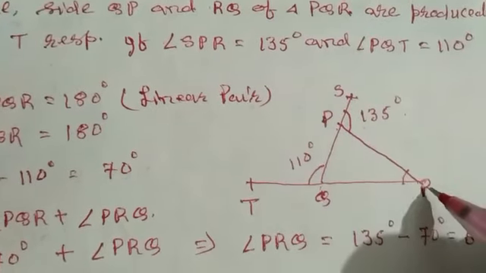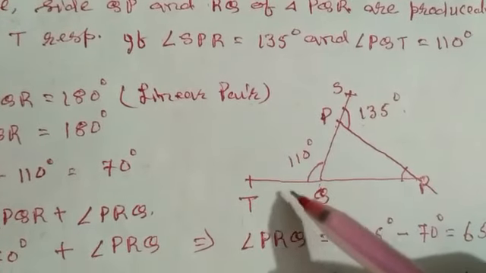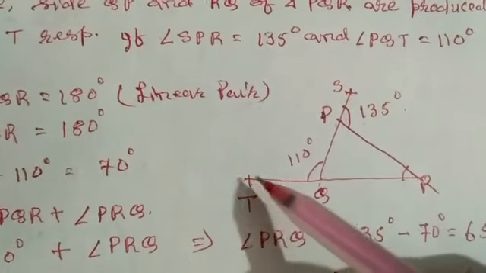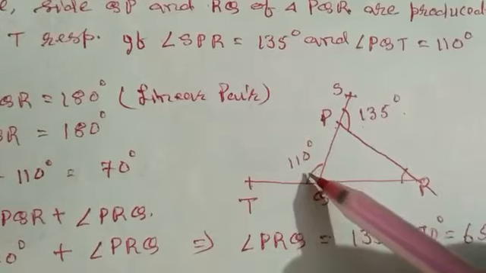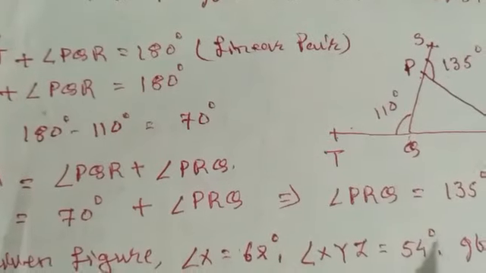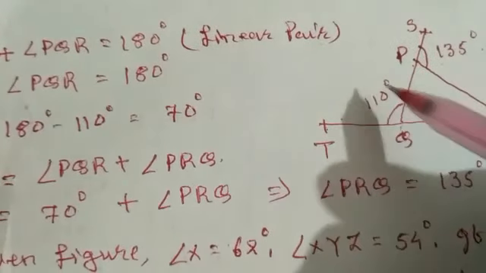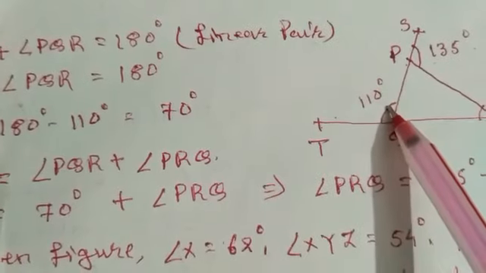And similarly, when side RQ is produced up to T, then another exterior angle PQT is 110 degree.